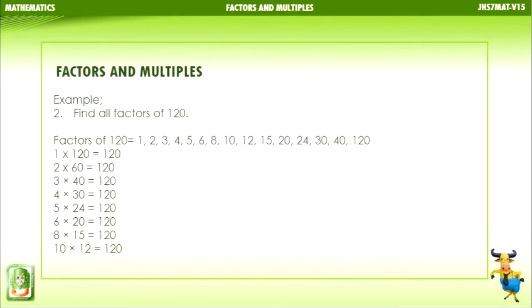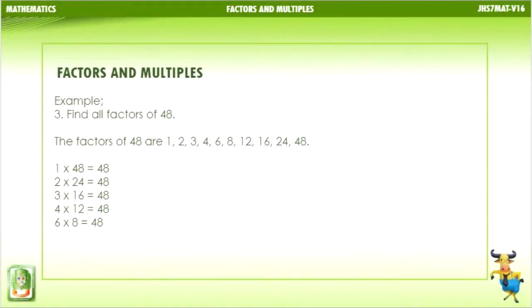2. Find all factors of 120. Factors of 120 are 1, 2, 3, 4, 5, 6, 8, 10, 12, 15, 20, 24, 30, 40, 60, 120. These are numbers that can divide 120 exactly. 3. Find all factors of 48.